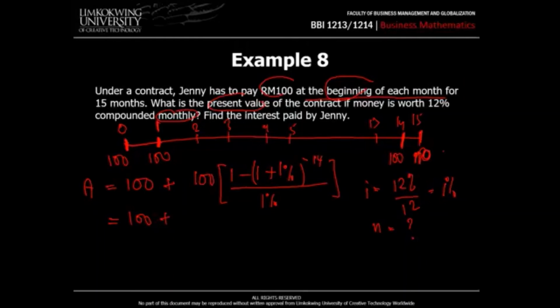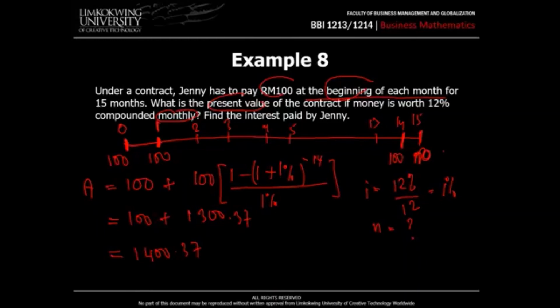Okay, 1.3 something multiplied with 100, plus 100. Is it 1,300.37? 1,300.37. So you add 100, so you got 1,400.37.